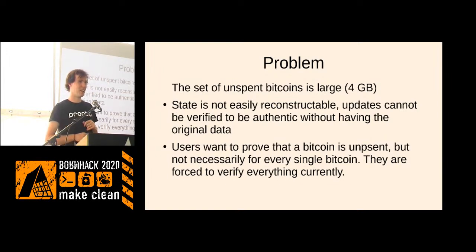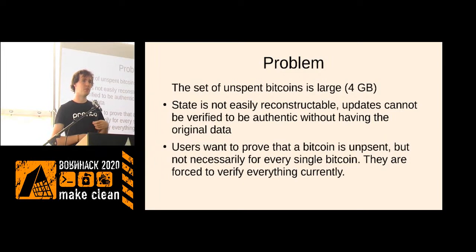So this set is then constructed out of the transactions, right? You take the first block, you have some genesis outputs, as they are called, like the first outputs. Each block makes new outputs, but it's also spending previous outputs. So that means if you have the whole blockchain and you haven't processed anything, you have to go through the whole thing to see what was spent and where it was spent to and all that stuff.